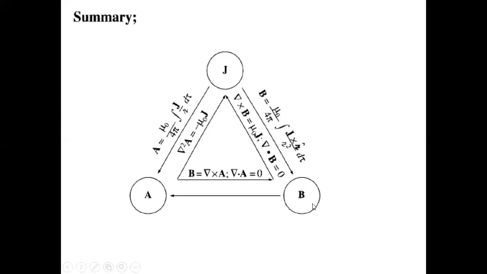So if you have J, you can figure out B and A. Now, if you have B, then you can also figure out A. And if you have A, then you can figure out B from this one, because B is the curl of A by definition, and the divergence of A equals 0. Something to remember, to refresh our memories as we go by.